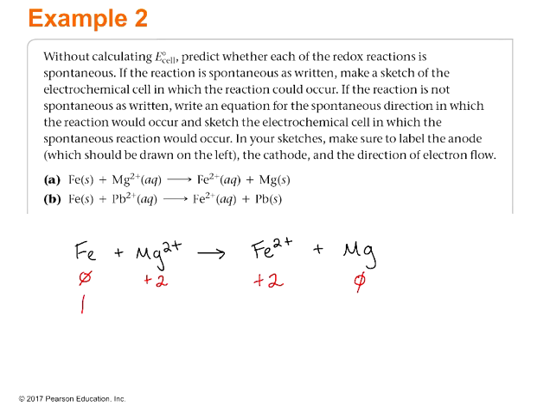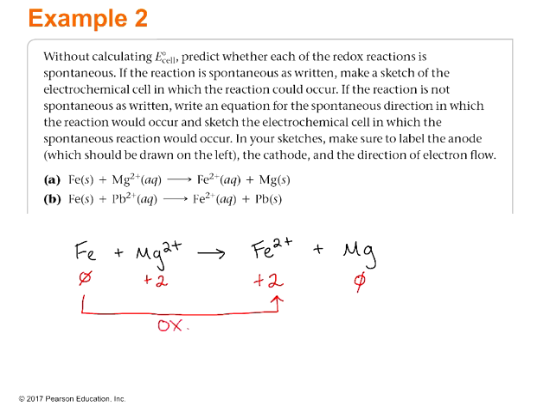Okay, so iron changes from 0 to +2. So is it losing electrons or gaining electrons? It's losing electrons. So is it oxidized or reduced? It's oxidized.